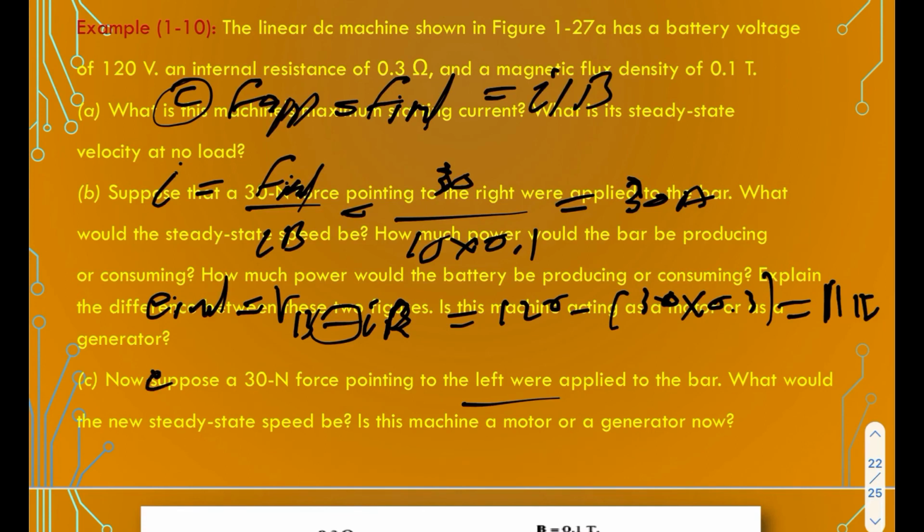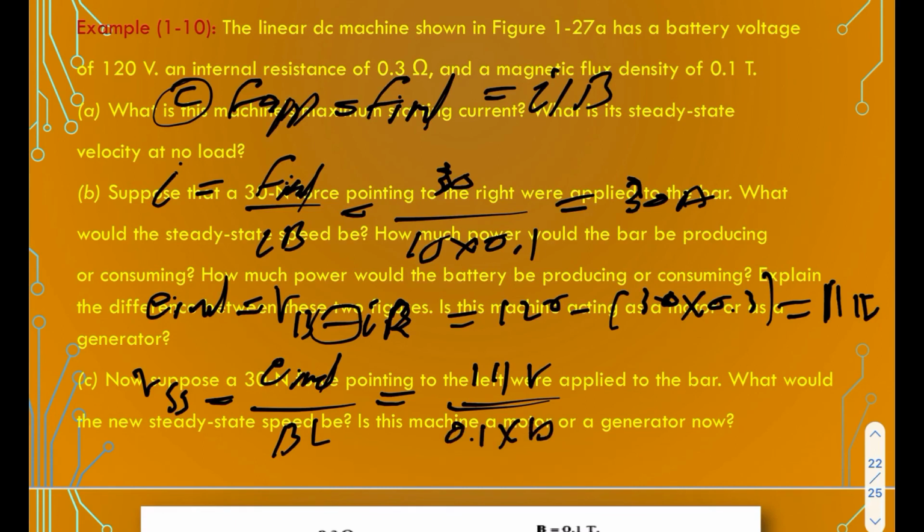Now V_SS, the steady state, will be the same here: E induced over BL, equal to 111 volts over 0.1 multiplied by 10.